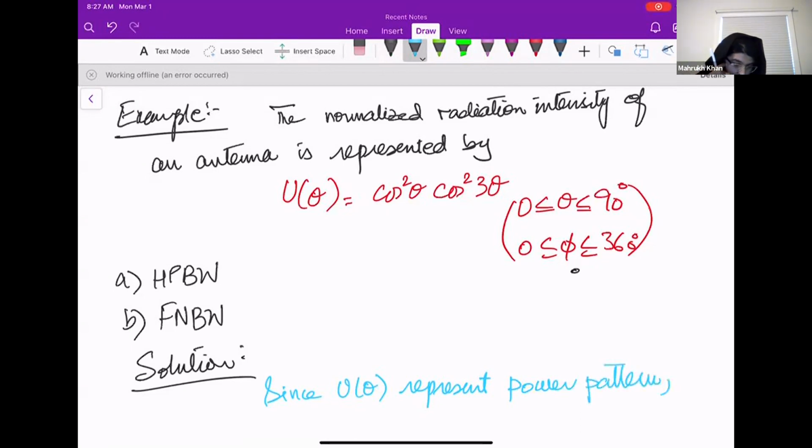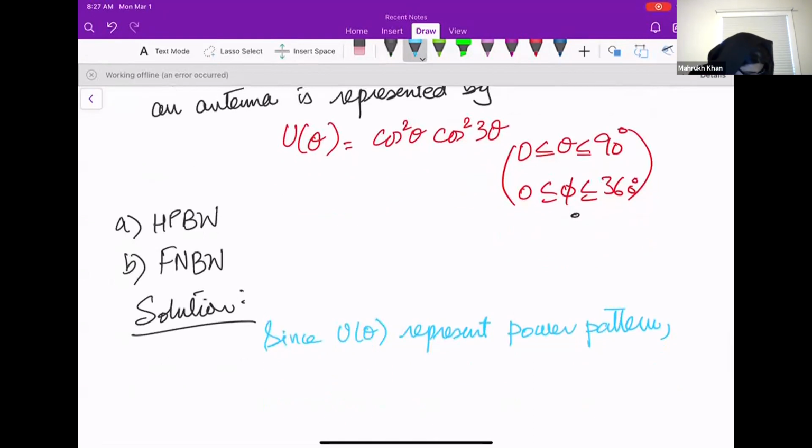Since U theta represents the power pattern, to find HPBW we will set it as half of its maximum.